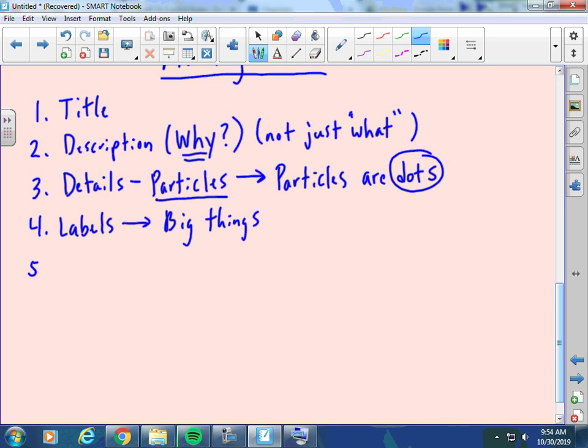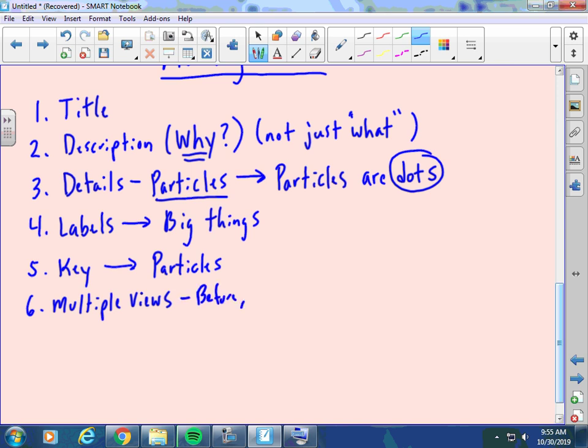The key is for the particles. We're going to use a key for the particles. We are always going to make sure that we have multiple views, like our before, during, after.